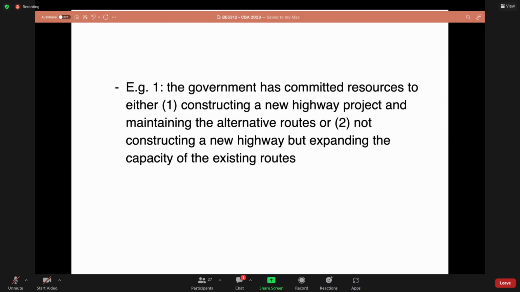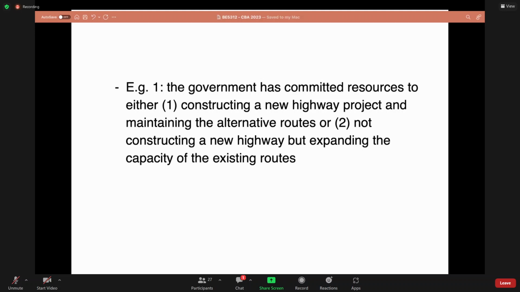So depending on your scenario, you have to identify what will be the situation with the project and without the project. Sometimes it might be the status quo. If you are building the new highway, yes. If you are not building the new highway, then the status quo might be that we have to maintain our existing road network.